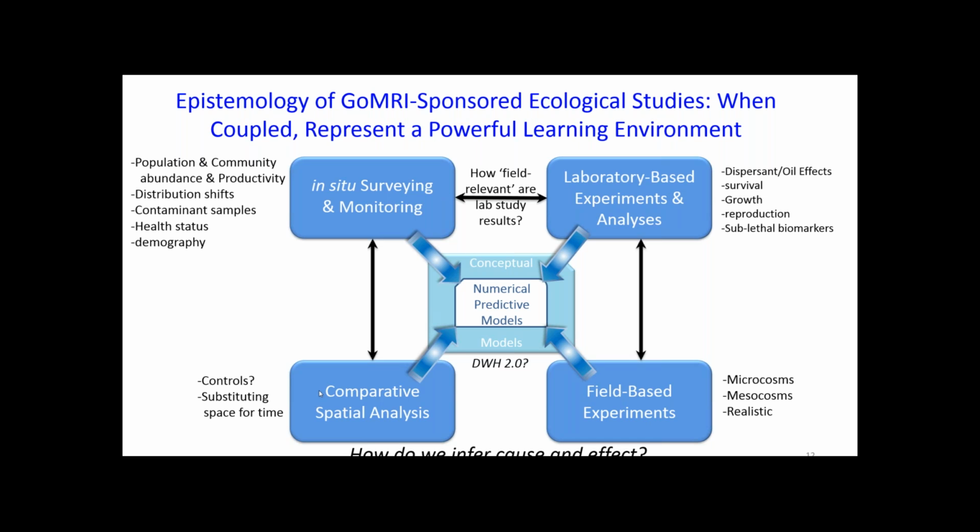The notion of comparative spatial analyses is really important in this case, and one of the things that was done was to actually go back to the areas off Mexico that were impacted by the Ixtoc 1 spill back in 1979-80 to see if we could actually learn something about the recovery rates of things like benthic animals by doing sediment cores from the regions impacted by that spill, because it was a comparable volume, even though it was a little bit shallower than Deepwater Horizon.